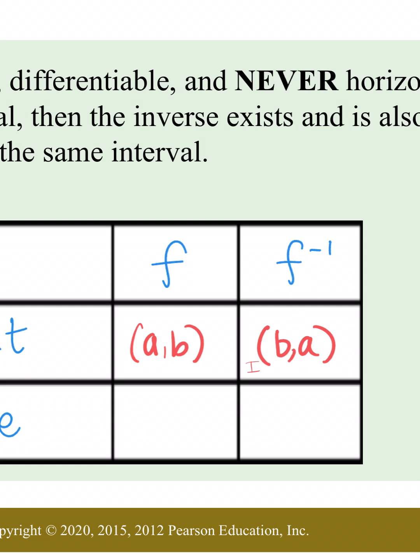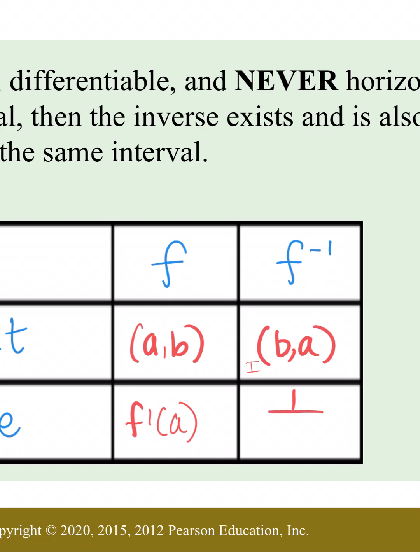All right, once I have A, comma, B under the F column, I can find the derivative F prime of A. I can figure that out. Once I know that, then the final box is simply the reciprocal of the derivative.